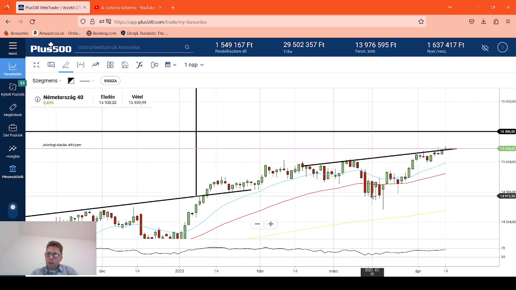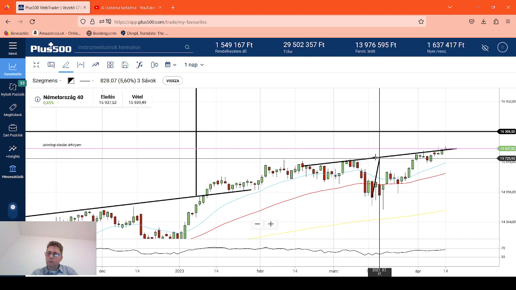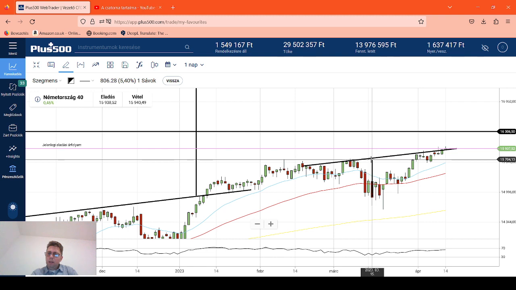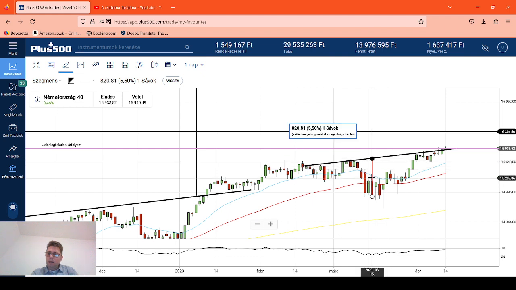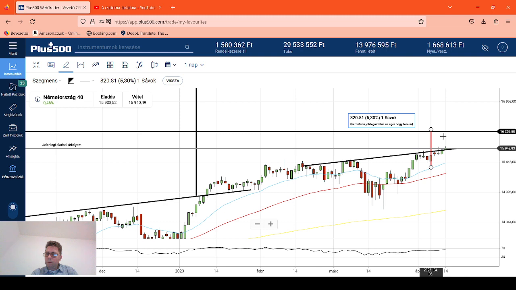And now I need to measure the short-term daily price target, because the price target that I shared is a weekly, so it may take weeks to get there. But on the daily, we broke above there. Yeah, we are above the neckline, I think.